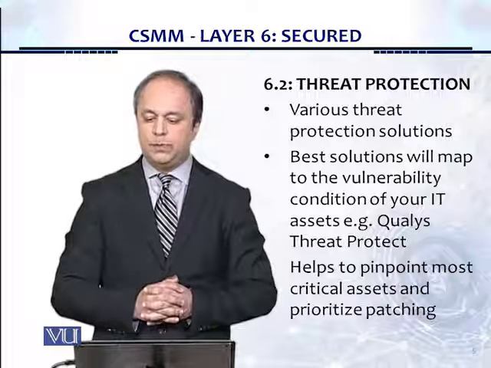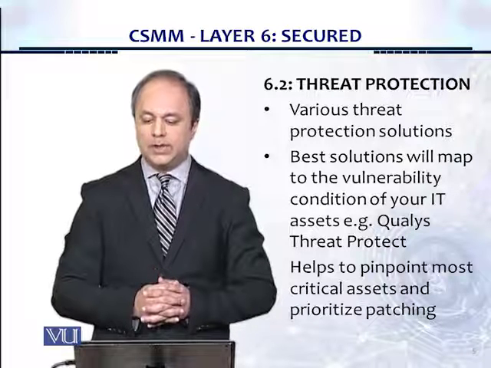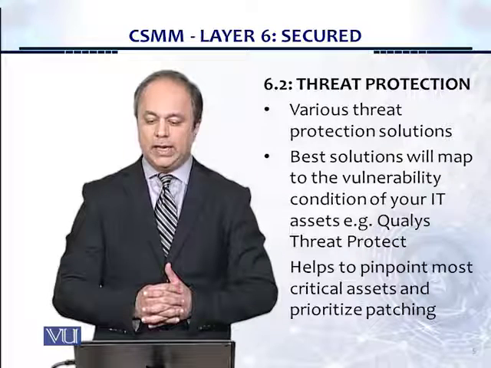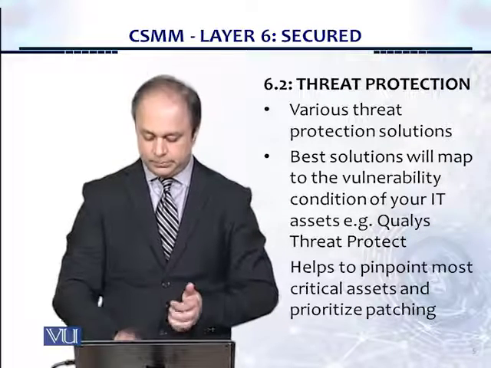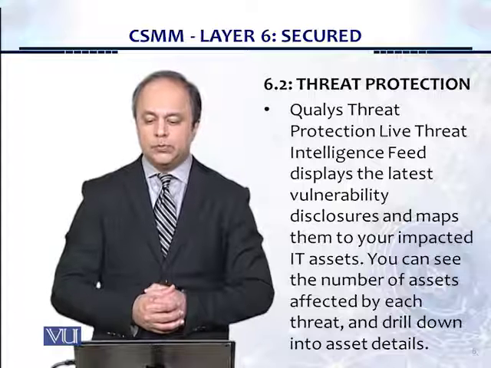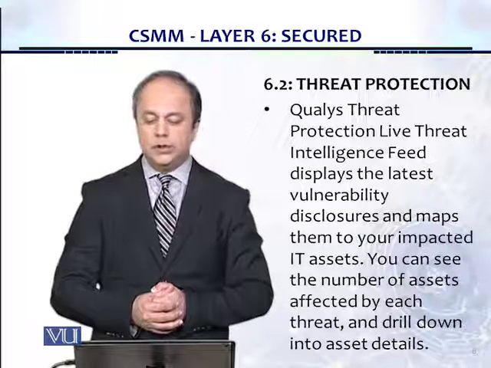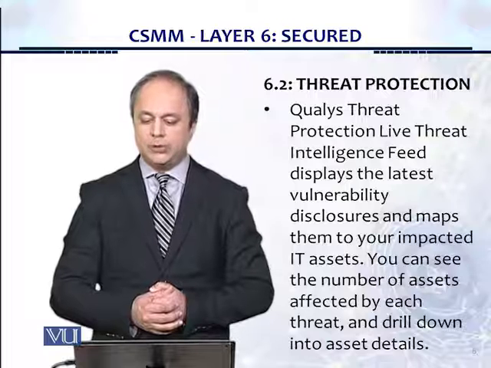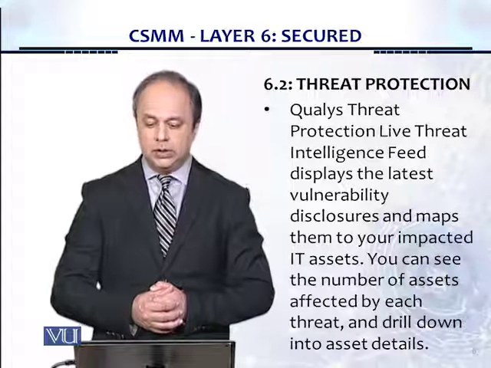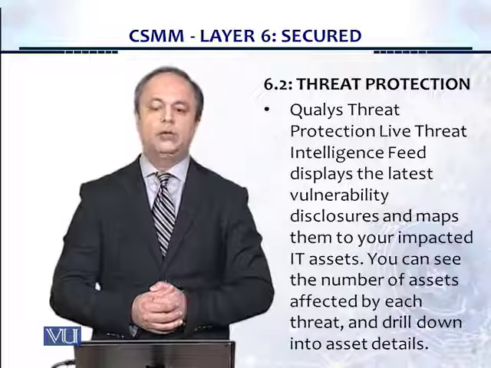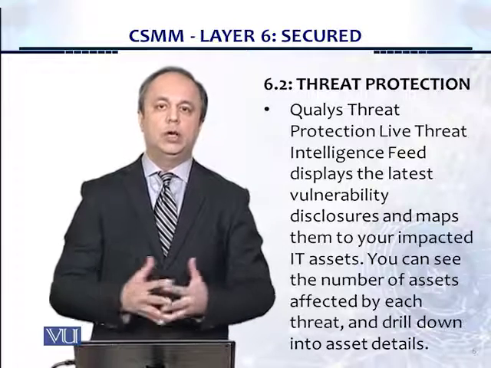So this helps to pinpoint the most critical assets and also to prioritize patching with the help of threat intelligence. The Qualys Threat Protection Live Threat Intelligence feed displays the latest vulnerability disclosures and maps them to your impacted IT assets. You can see the number of assets affected by each threat and drill down into the asset details. And this is what we really call threat protection.